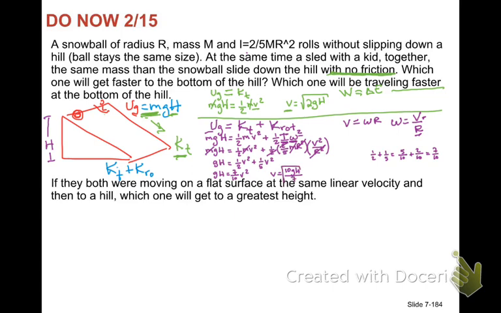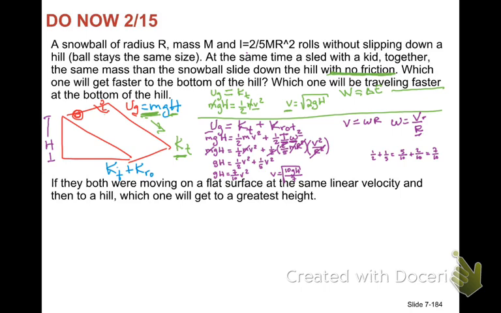Now solve for the velocity. You can pause the video at this moment just to make sure that you know how to rearrange that little equation. So I'm going to have the velocity equals the square root of 10/7 of the gravity times the height.